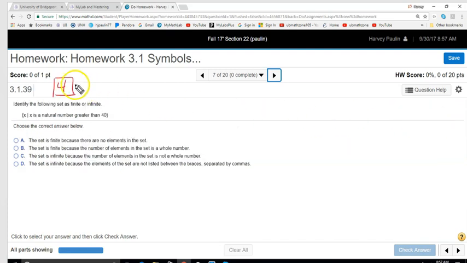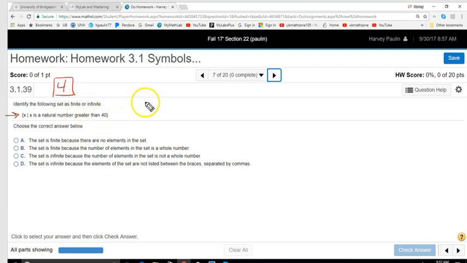Now, for number 4, we are asked whether or not this is a finite or infinite set. And in set builder notation, the statement is x is such that x is a natural number greater than 40. Now, can you give a specific number for this?